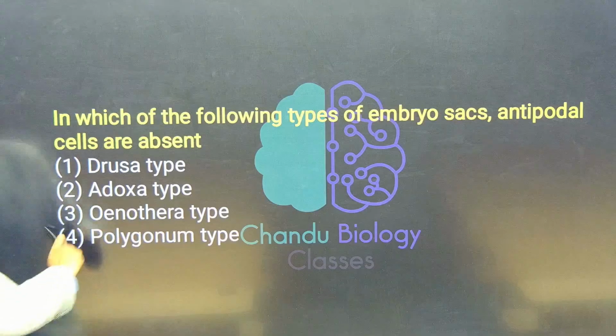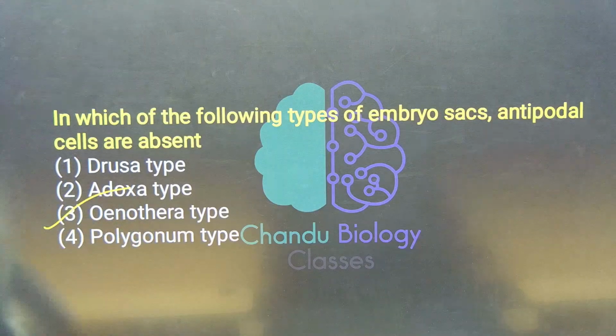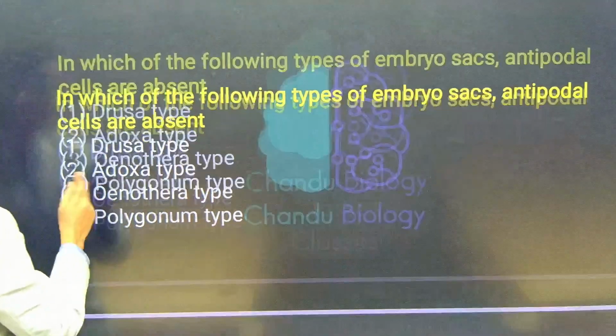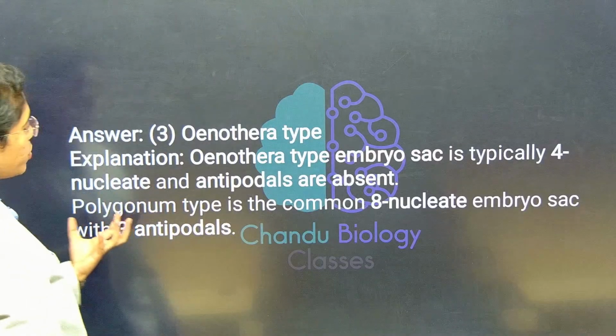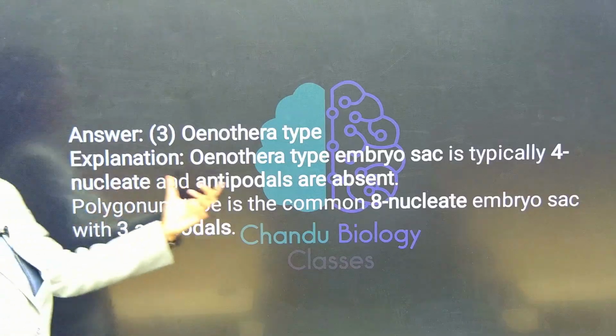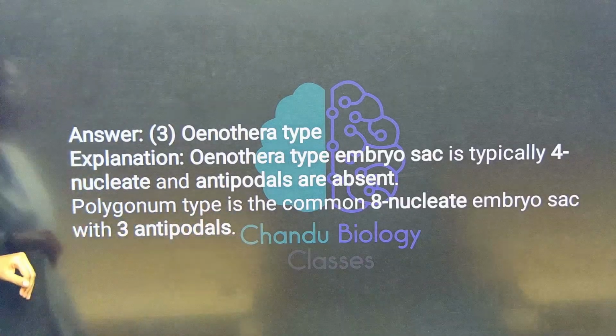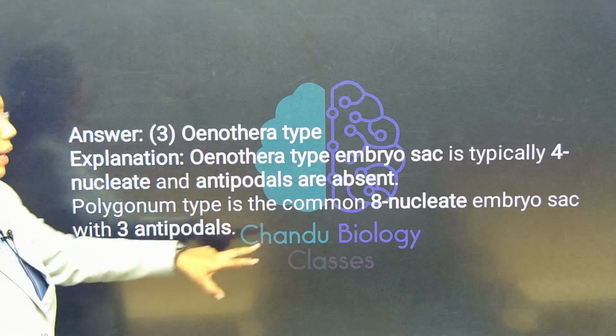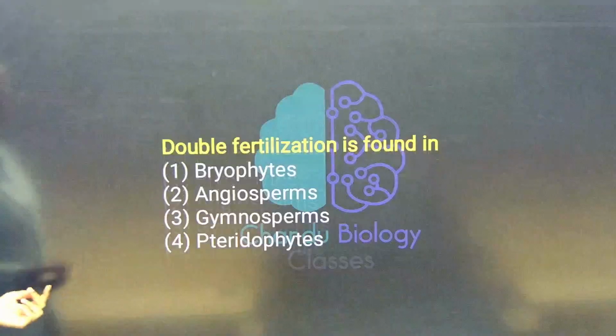Antipodal cells will be absent in Oenothera type, which is option 3. Let us go through the other options also. Oenothera type embryo sac is typically 4 nucleate and antipodals are absent here. Polygonum type is common, an 8 nucleate embryo sac with 3 antipodals.